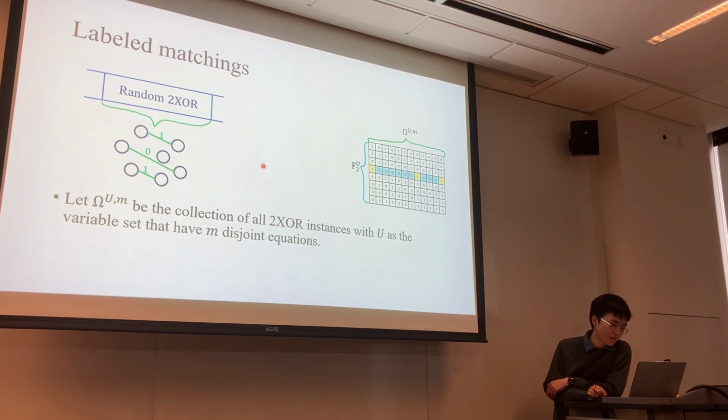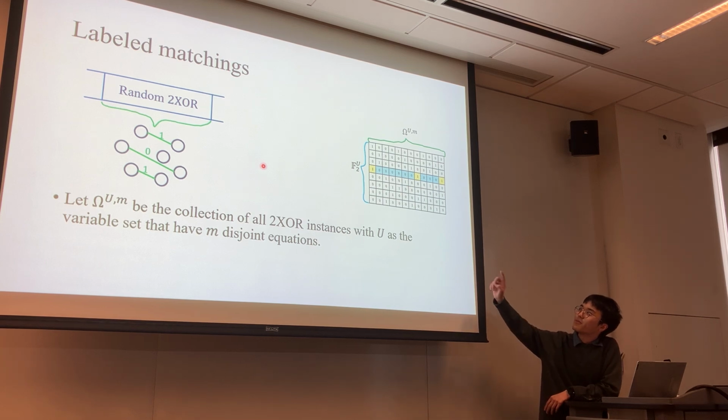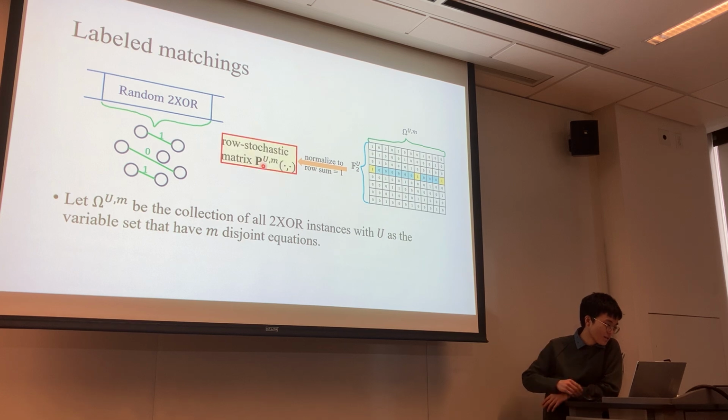And this will give us a way to go from any solution to a random 2XOR instance. So it's kind of like a Markov transition given by this right stochastic matrix.